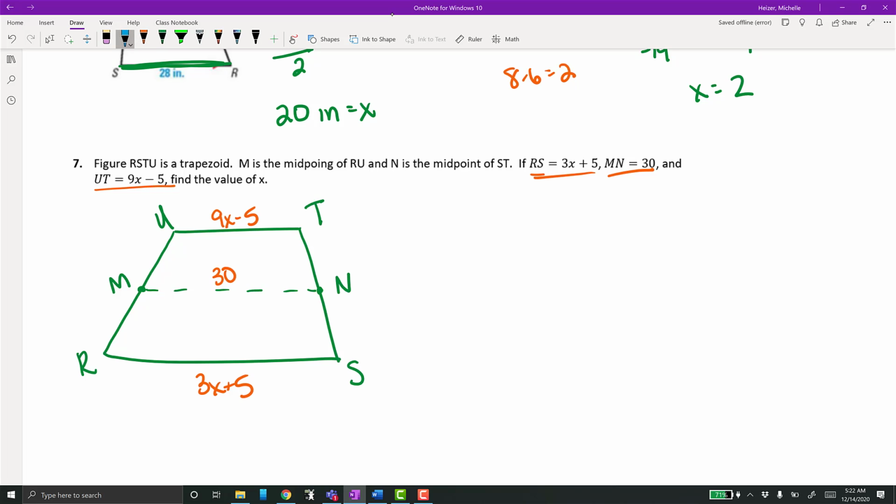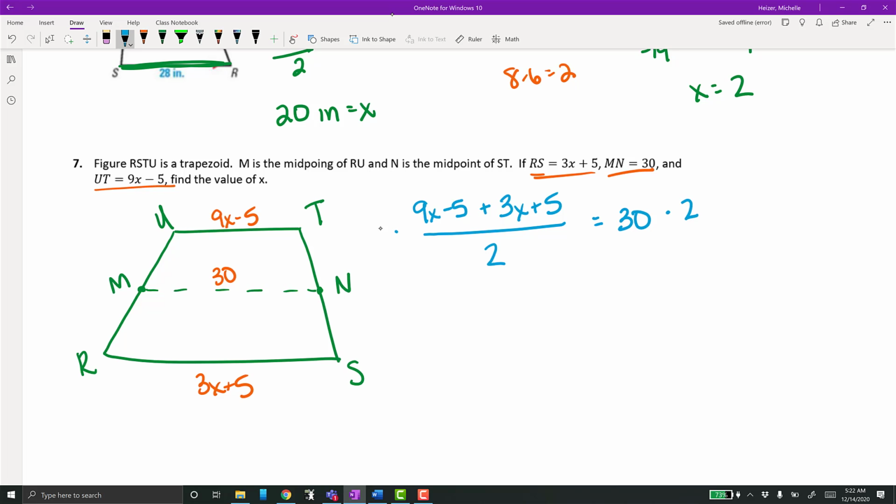All we're doing is the same thing we just did, but now we have algebraic expressions. So we're going to take our bases and add them. So here's one base, and add it to my other base, and then divide by 2. And that will equal our mid-segment 30. So just add your bases, divide by 2. Now we can solve.